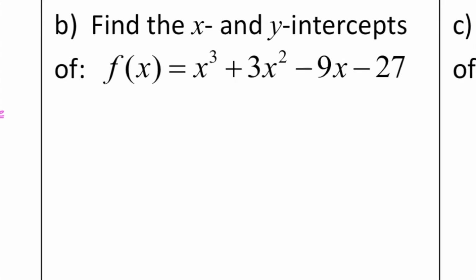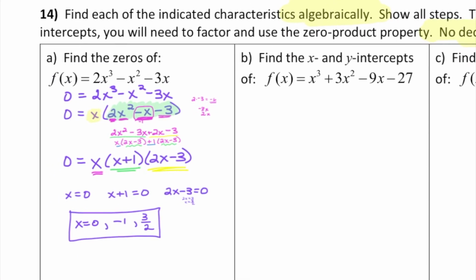Now in this question, you're asked to find both the x and the y-intercepts. Remember that finding the x-intercepts is the same as finding the zeros. Let's compare these two problems real quick. The first question asks you to find the zeros, and that's the same as finding x-intercepts.